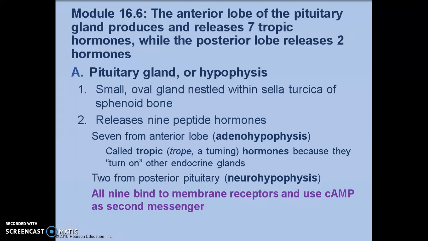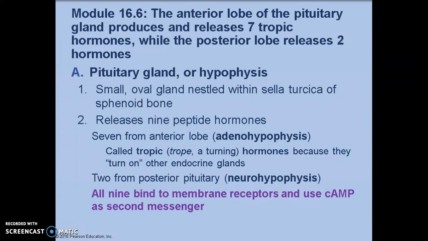These 9 peptide hormones are from the adenohypophysis, or the anterior lobe, and these are called tropic hormones because they turn on other endocrine glands. So the anterior pituitary releases hormones that turn on other glands.